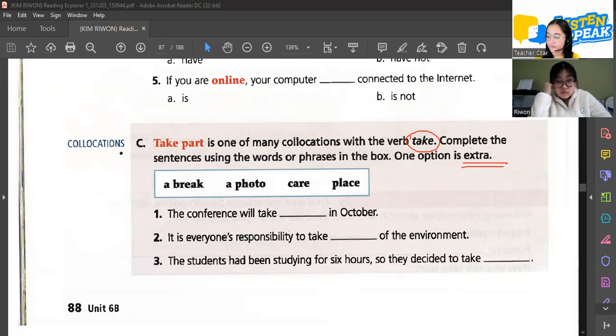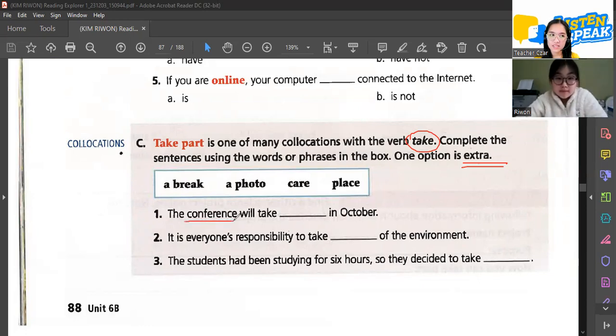The conference will take a picture. Yes. What is the conference?